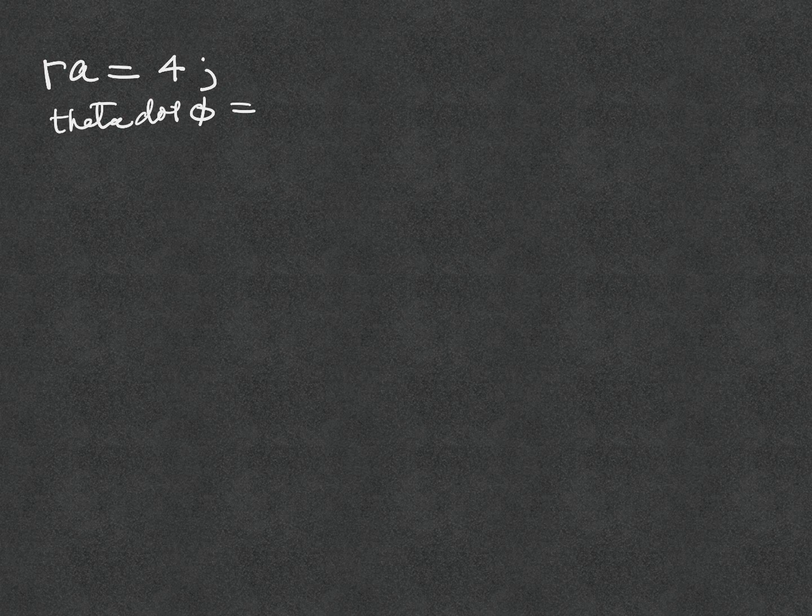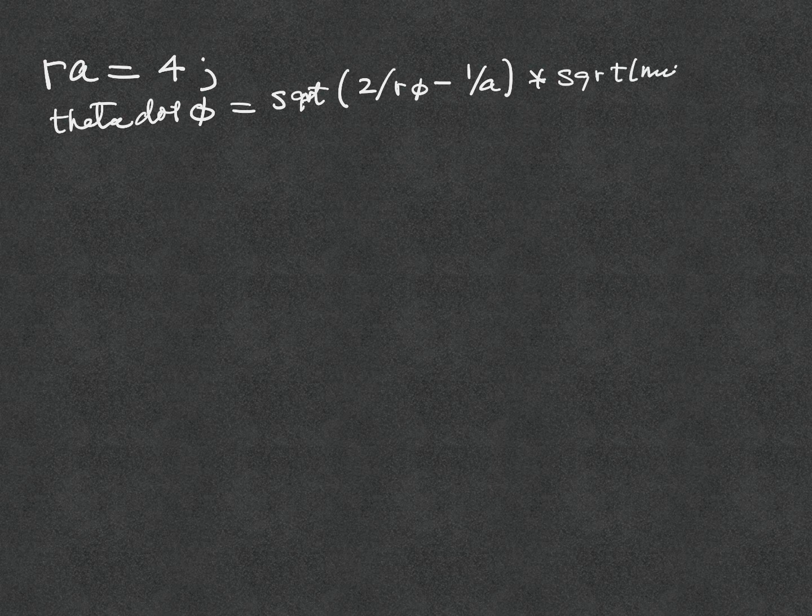So if I'm going to do this completely in Matlab notation, it's going to be the square root of 2 over R0 minus 1 over A, times the square root of mu divided by R0.